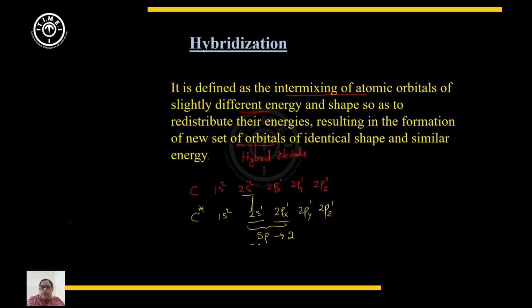If one s orbital and two p orbitals are mixing, that is 2s, 2px and 2py, it is called sp2 hybridization, and it forms 3 sp2 hybrid orbitals. If 4 orbitals are intermixing, that is 1 s orbital and 3 p orbitals, we get 4 hybrid orbitals, and the hybridization is called sp3.